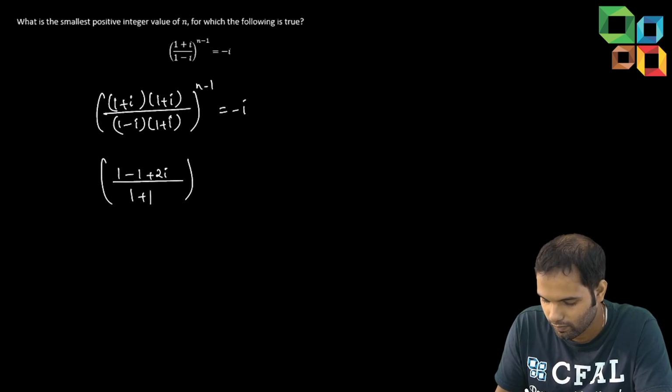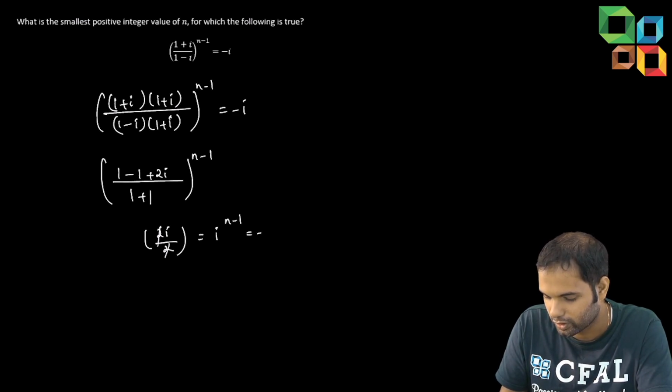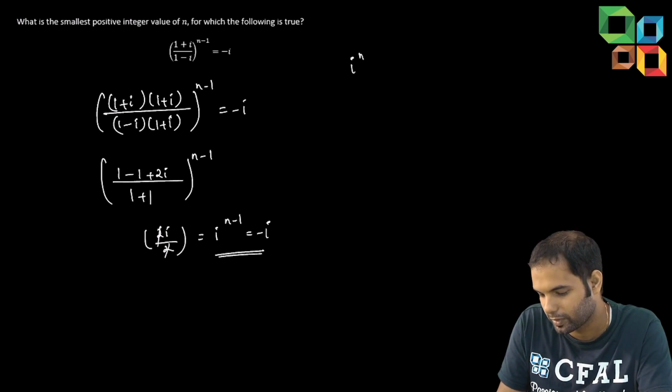Agree? Now look at how it simplifies. So numerator becomes 2i, denominator becomes 2. So 2 and 2 will be cancelled, which is nothing but i. So i power n minus 1 should be equal to minus i. Simple equation.